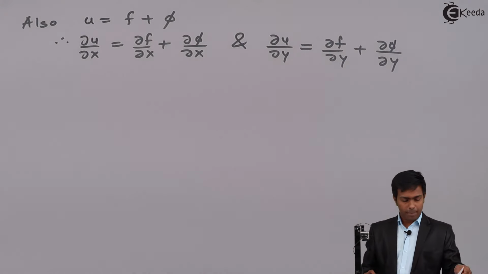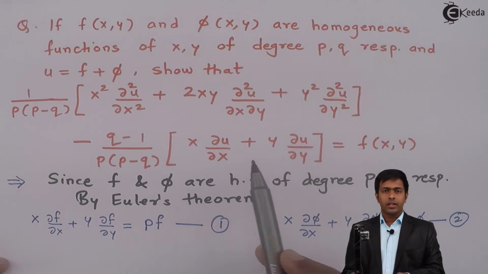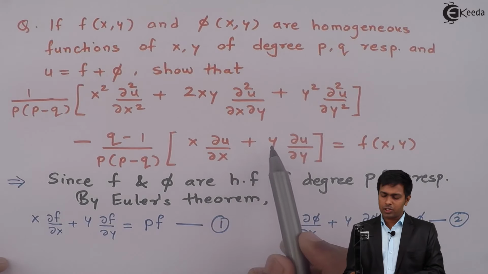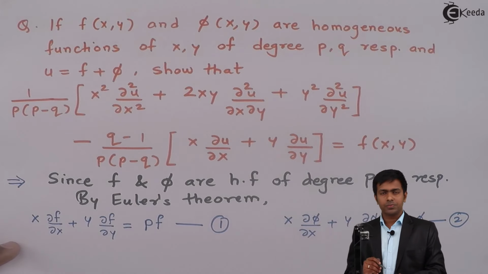Now what we can do is, here in the proof if you observe, we want x dou u by dou x plus y dou u by dou y, and to get that we'll add equation number 1 and 2.